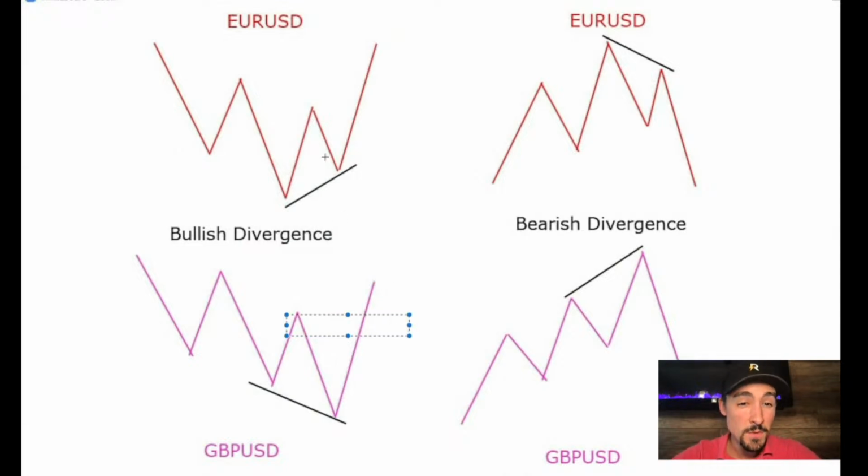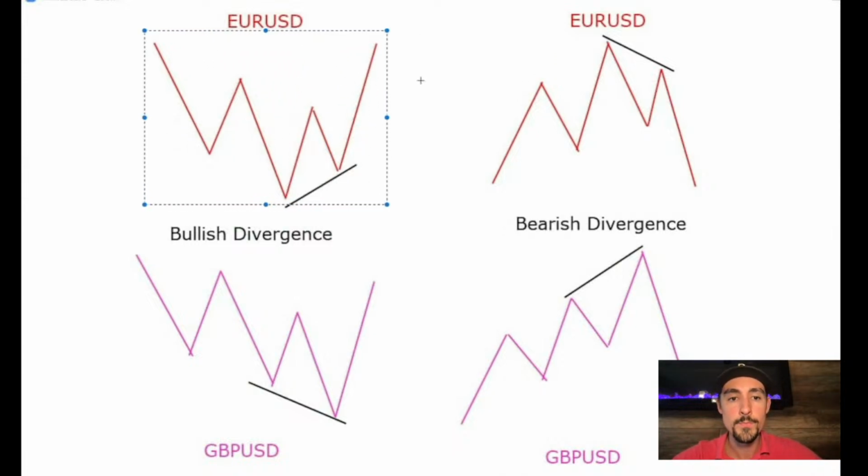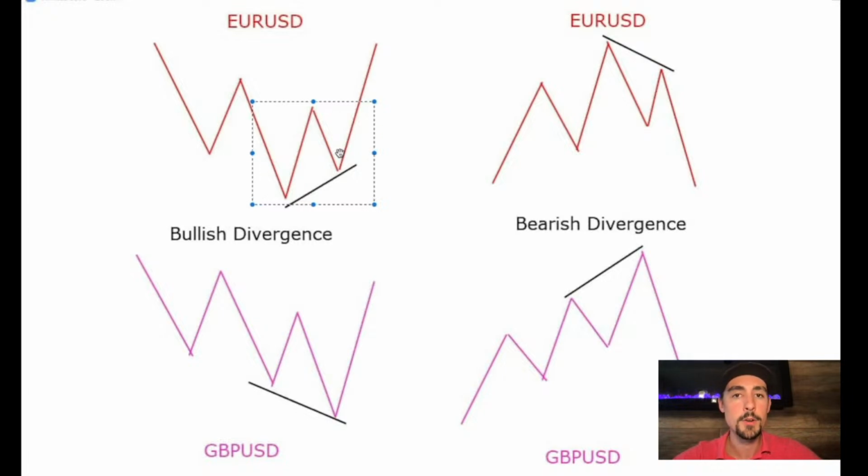But I would actually favor buys out of the mitigation block here because that would be a sign of strength for the euro. So if I'm looking to take buys, I would actually favor the correlated pair that makes a mitigation block instead of a breaker block, because one ran on liquidity, taking out previous lows, whereas the other one didn't have enough strength to capture the liquidity and created a higher low instead of a lower low.